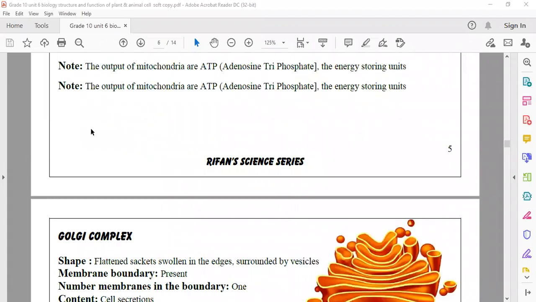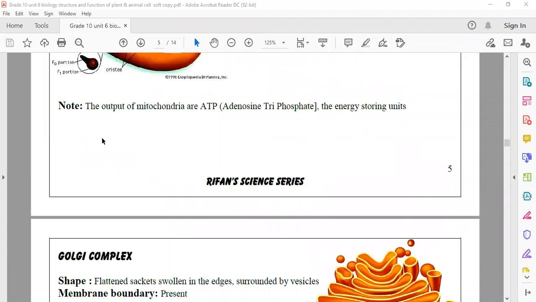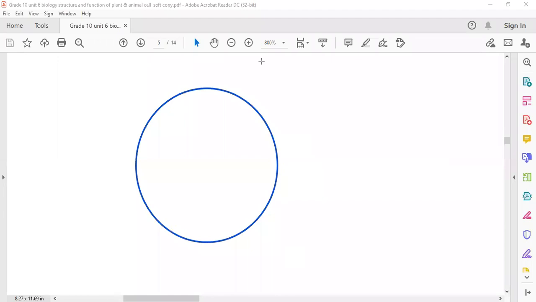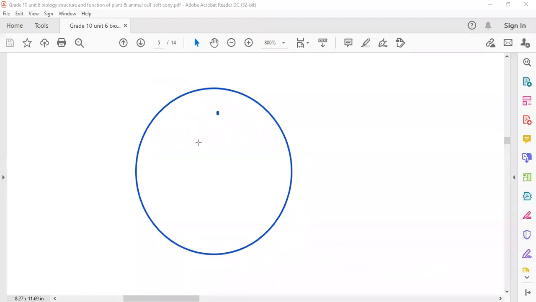Where is saliva made? Saliva is made inside the cell. See here. No need to draw, I'm just telling. This is the cell. Inside the cell, in small pockets, saliva is secreted and stored.